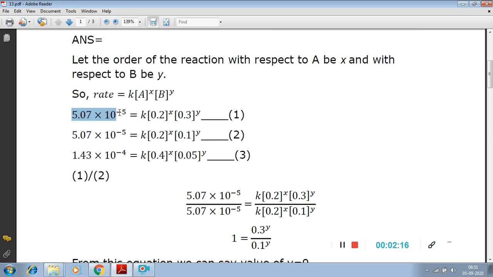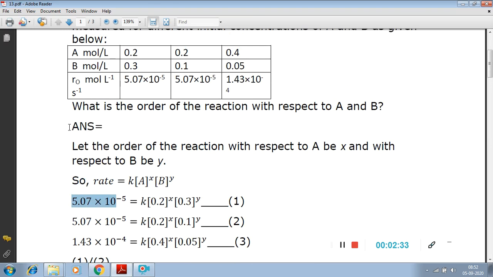So I have written that values here. 5.07 into 10 raised to minus 5 is equal to K into 0.2 raised to X into 0.3 raised to Y. Similarly for experiment number 2, same thing I have done here. The concentration are given us in table 0.2, 0.1 and 5.07 into 10 raised to minus 5.